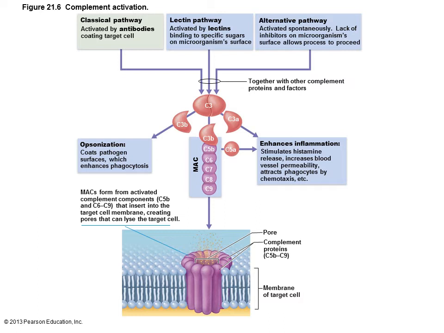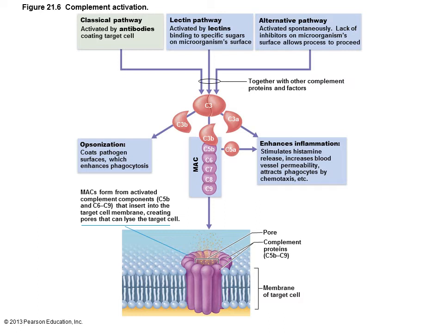And there are three pathways to activation. First is the classical pathway, which involves the antibodies binding to invading organisms and to complementary components, and that is called complement fixation, the first step of activation.